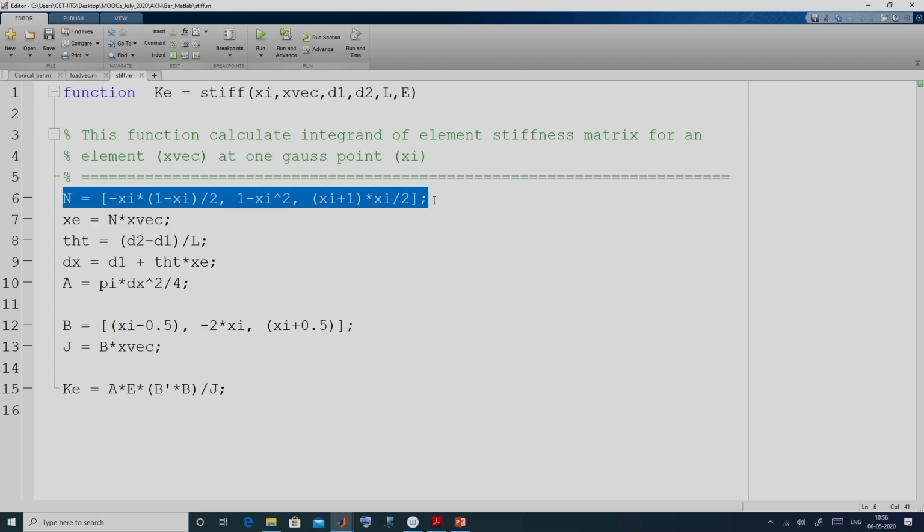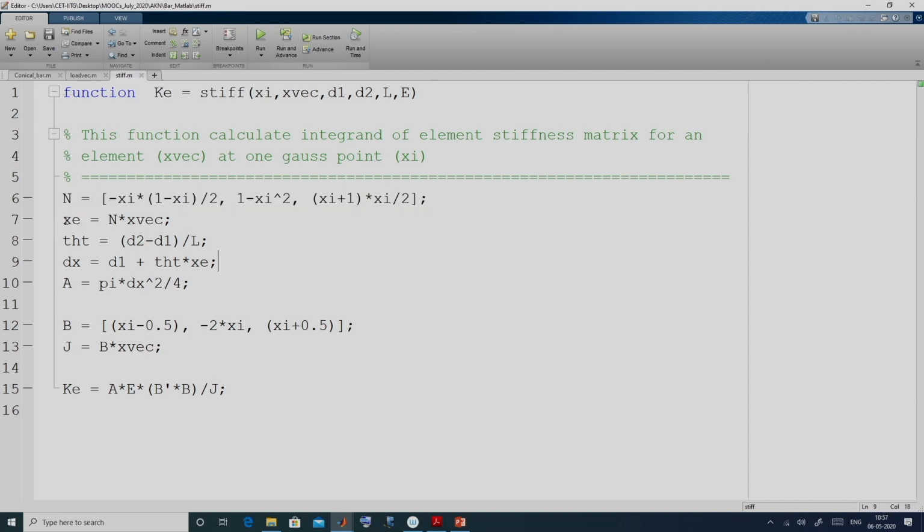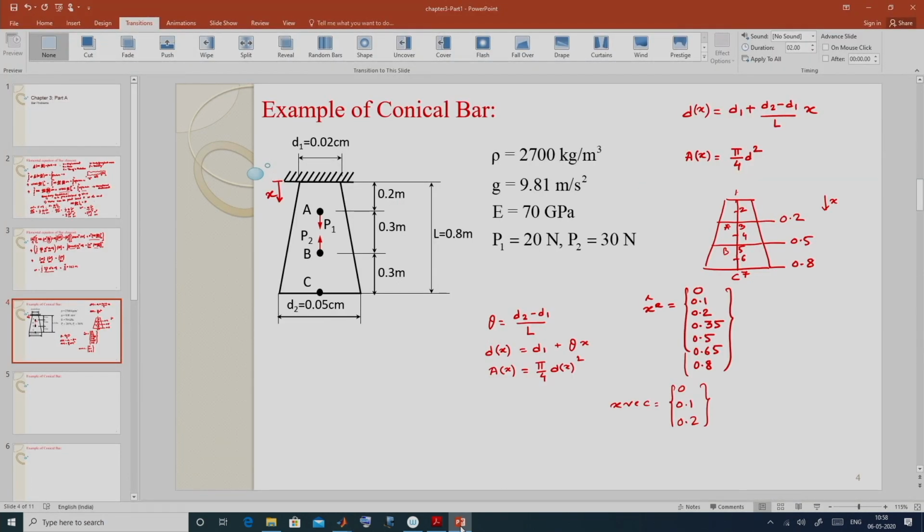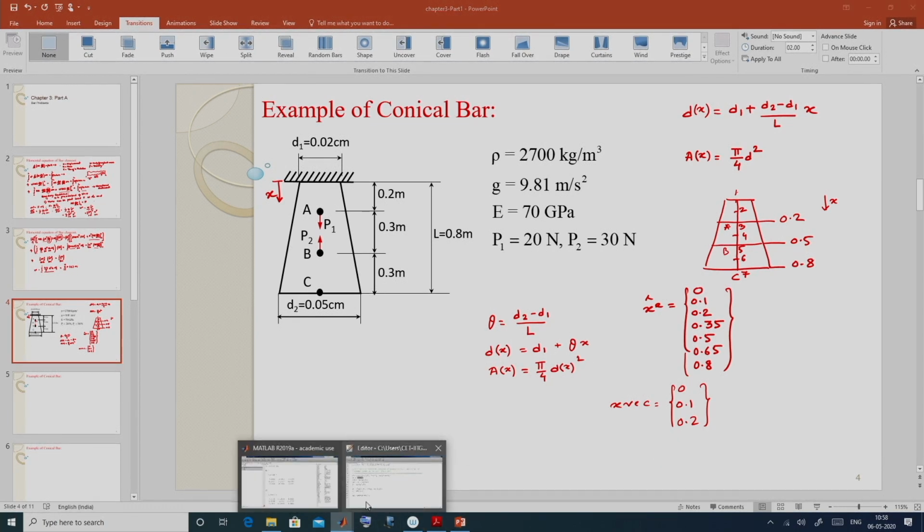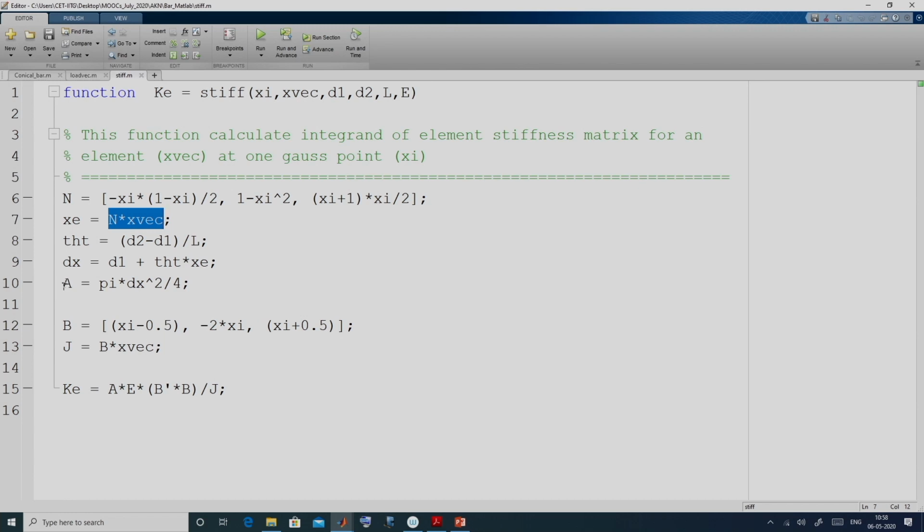These are the shape functions at the Gauss point, n1, n2, n3. xe is the coordinate of the Gauss point, which is obtained by n1 xe1 plus n2 xe2 plus n3 xe3. We did that operation in matrix vector form. After that, this theta is calculated and we get dx, d1 plus theta x, and this is our area.